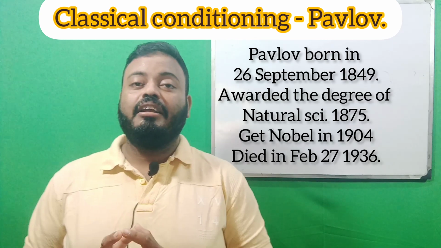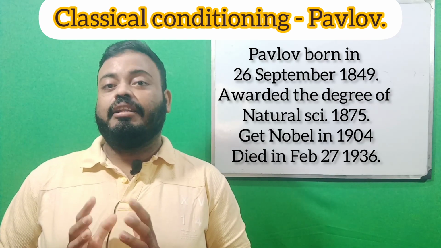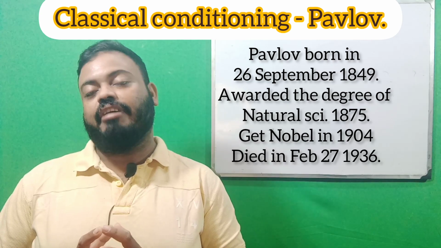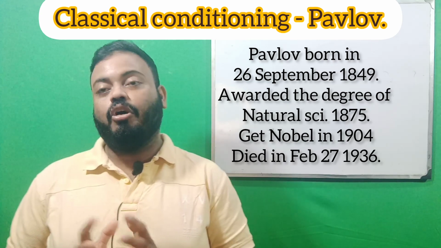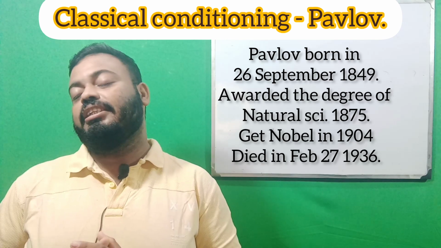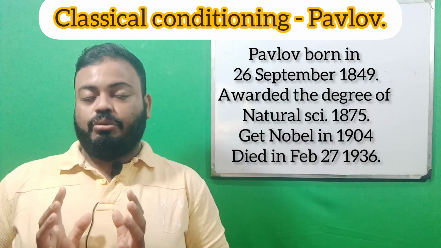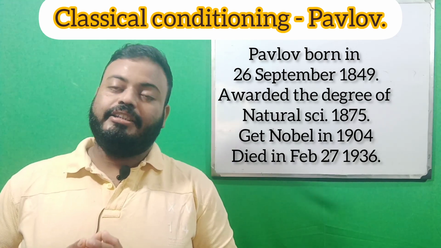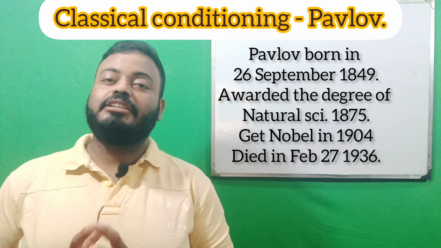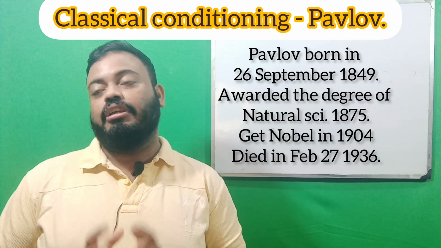After that he involved himself in his work and was awarded a degree in natural science in 1875, and he was also awarded the Nobel Prize in Physiology or Medicine in 1904. He died on 27 February 1936. So this is his total work in his life. Now we are going to his theory of conditioning.